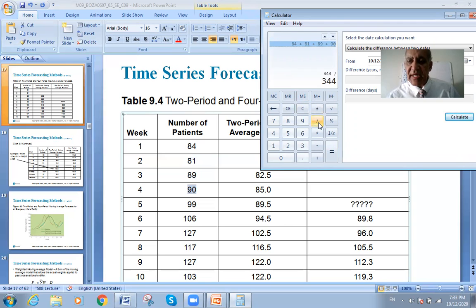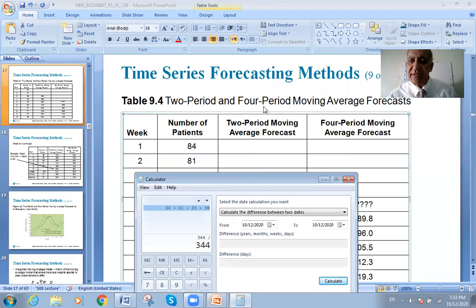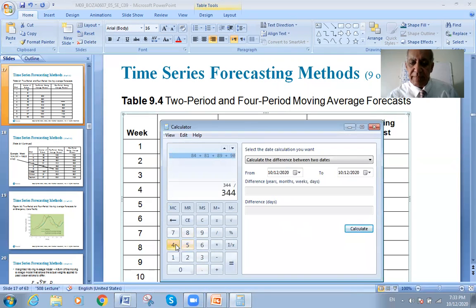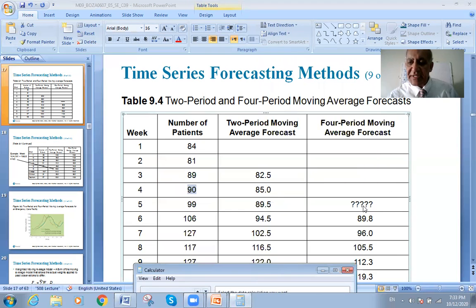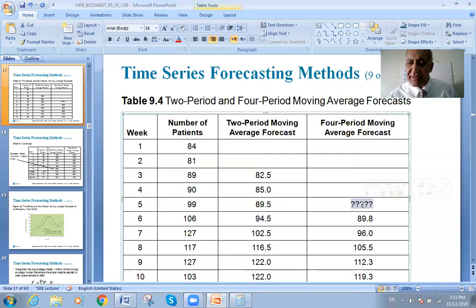We'll divide this time by 4, because it is four periods. Then what is the number 86? Let me return back to check what was here. Exactly, it was 86.